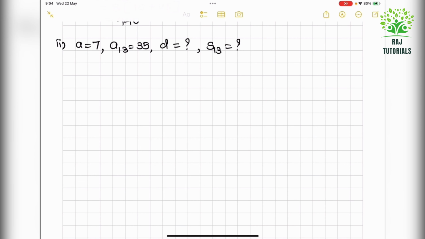Given A equal to 7, A13 equal to 35, D I have to find, and I have to find S13.